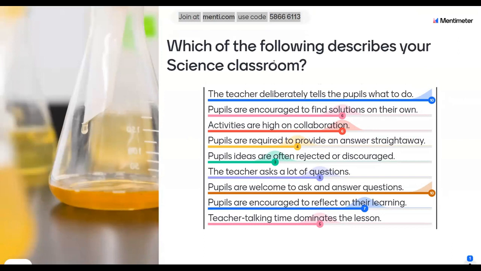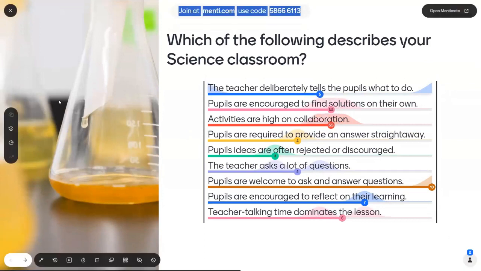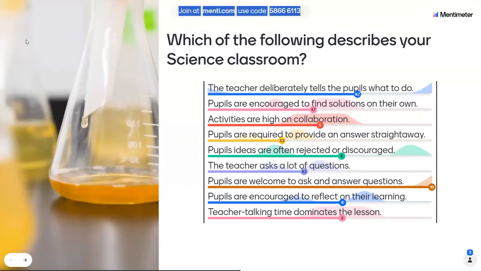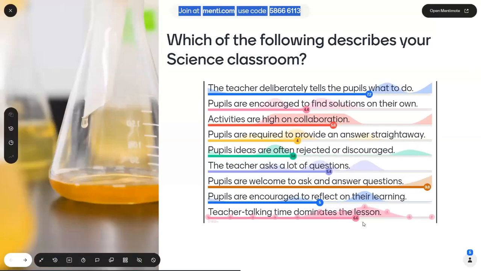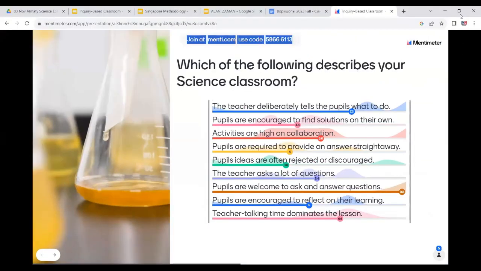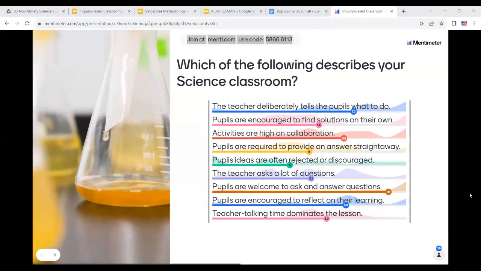I just go to this website, mentimeter.com.